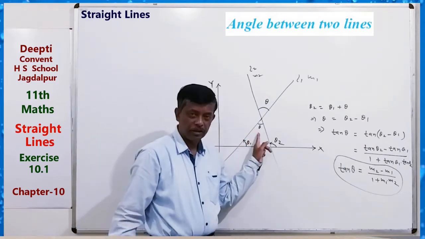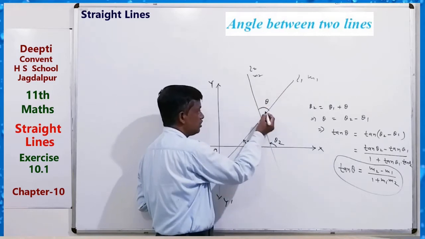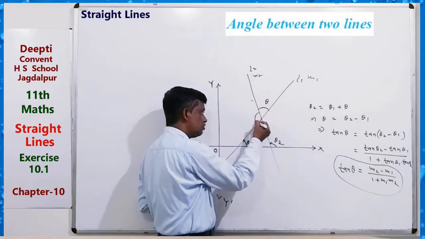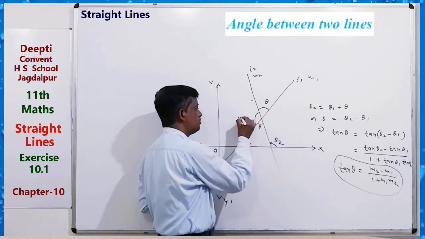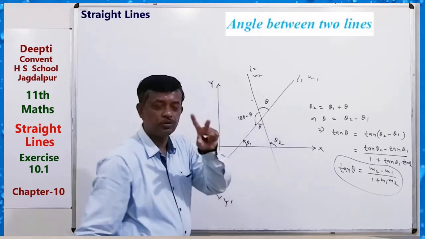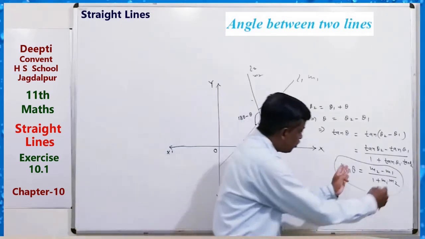So this is the acute angle, because this is line L1, this is line L2. Also, the angle between these two lines is this. Also, this is another angle. This angle can be found as 180 minus theta. So the acute angle between two lines is given by taking the positive value.